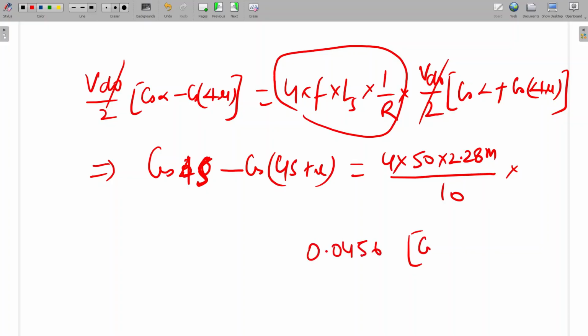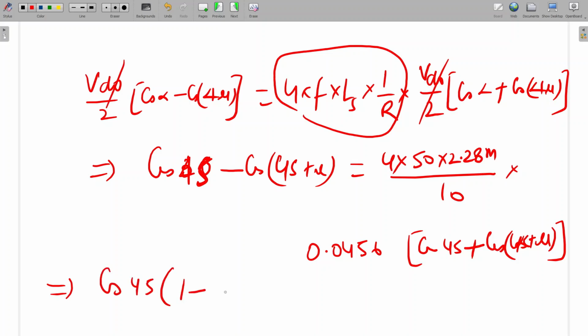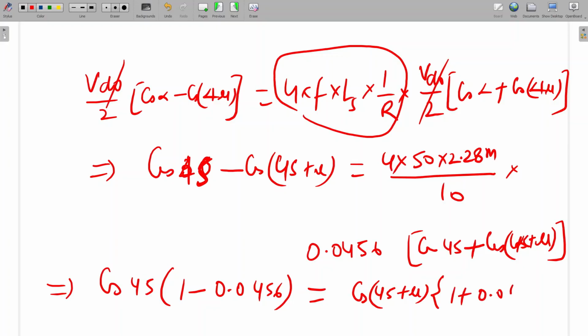0.0456 into cos of 45 plus mu, we can say this one. Okay. So I will take one side. So it will be cos of 45 into 1 minus 0.0456. This should be equal to cos of 45 plus mu into 1 plus 0.0456.